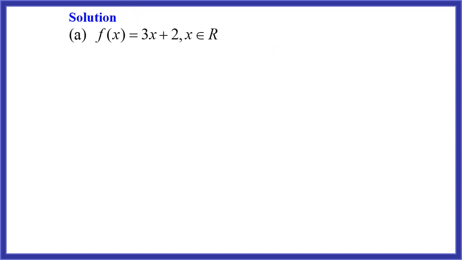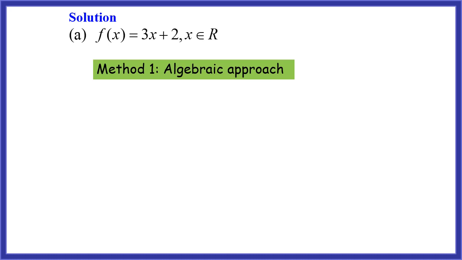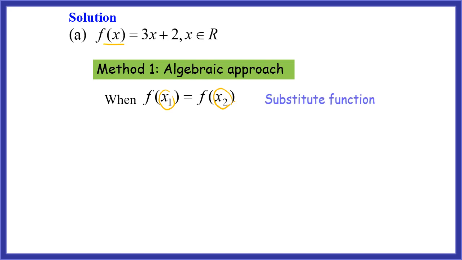For question A, if you want to use the algebraic approach, method 1: if f(x1) equal to f(x2), the input on the left side is x1, on the right side is x2. So we substitute x1 and x2 into the function f(x) on both sides. So we will have 3x1 plus 2 equal to 3x2 plus 2.